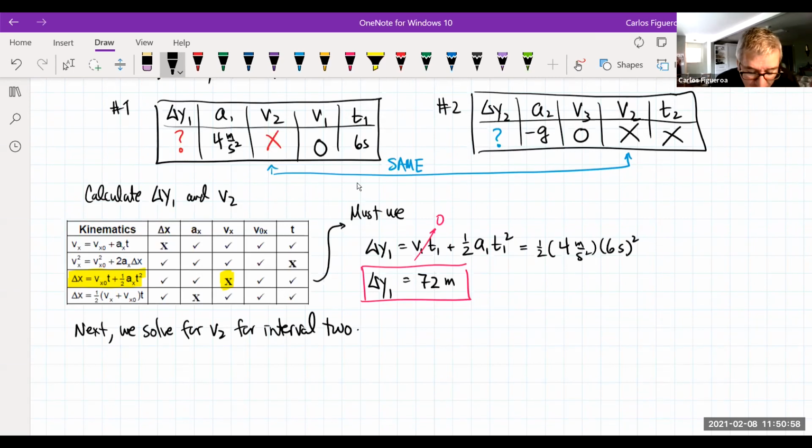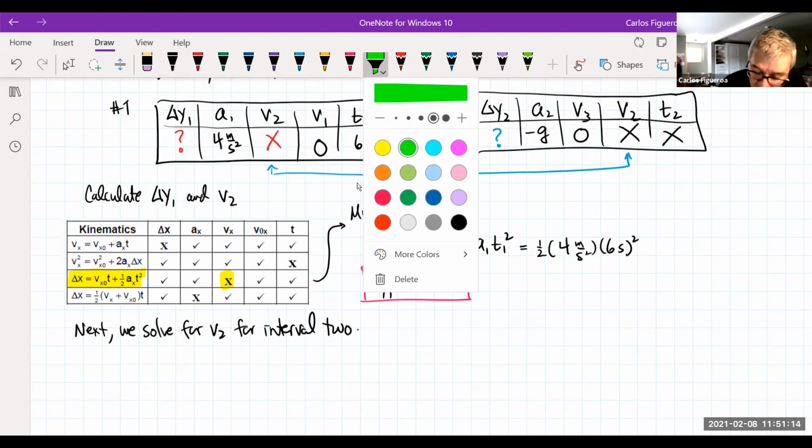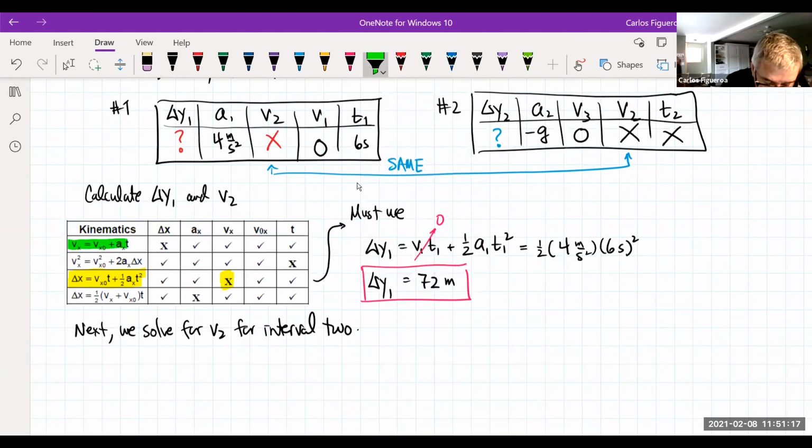Well, even if we didn't have the height here, if you ignore the height, I could just use the acceleration and the initial velocity and the time. So if you go to the first one, you'll see that I could use this relationship. Could I use other relationships? Yeah, this is assuming that I don't know what the distance is. So if I do that, then I have v2 equals v1 plus a1 t1.